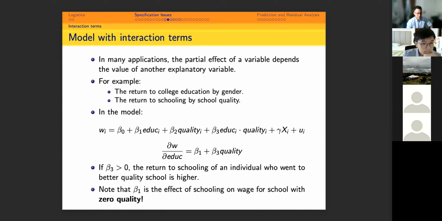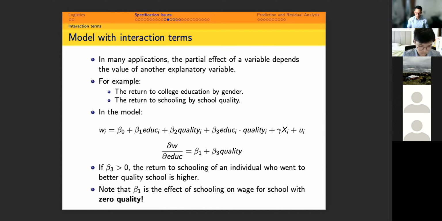Another interesting line of research is whether or not the return to schooling is different by school quality. For example, assume that a better quality university is going to provide you with a higher return to schooling, compared to when you go to a lower quality school.